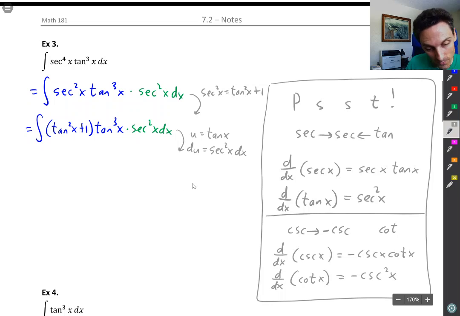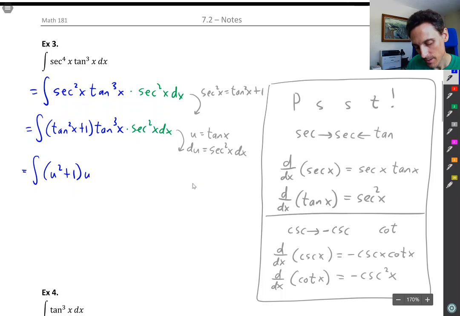All right, so substituting, we have the integral of u squared plus 1 times u cubed, du. Then we'll distribute the u to the third.